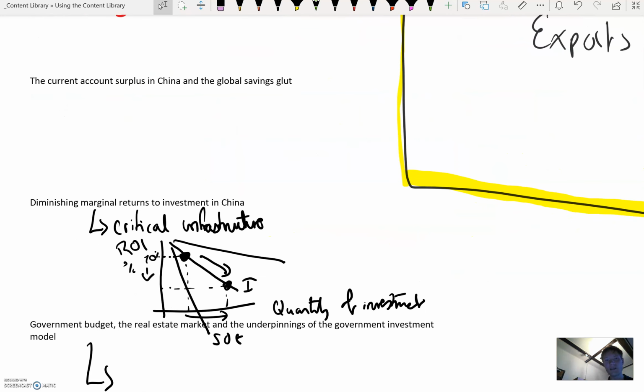The next point, and fascinatingly, this is the most fascinating bit, I'm not going to get too much into this, is that the current account surplus in China, a lot of it is driven back into the domestic property market, but some of it, again, results in a global savings glut. That was the cause of the 2008 recession, and as a result, lots and lots of excess savings built up in Western banks. They lent it at low interest rates to the subprime mortgage market in the US.